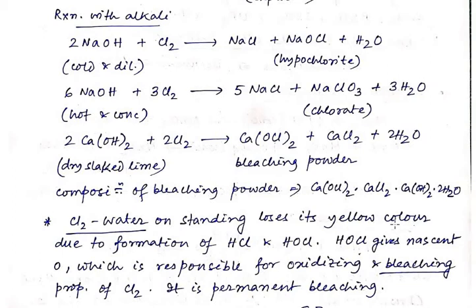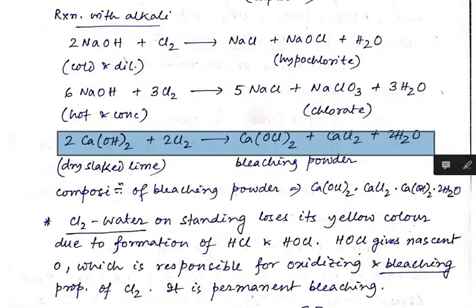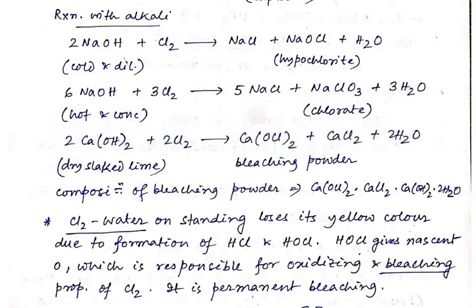Previously we know the bleaching powder as CaOCl2, but actually in bleaching powder many compounds are there, like CaOCl2, CaCl2, Ca(OH)2 and water. So that is the main reaction for synthesizing the bleaching powder for industrial purposes. This reaction is also important for synthesizing the bleaching powder.